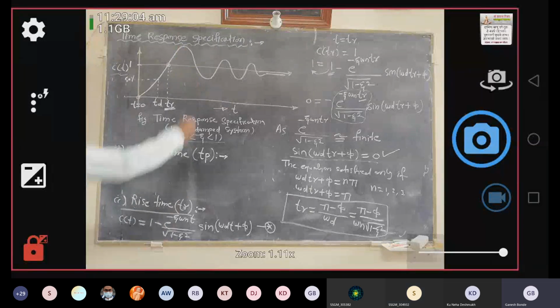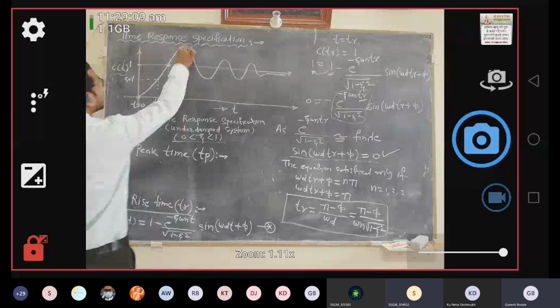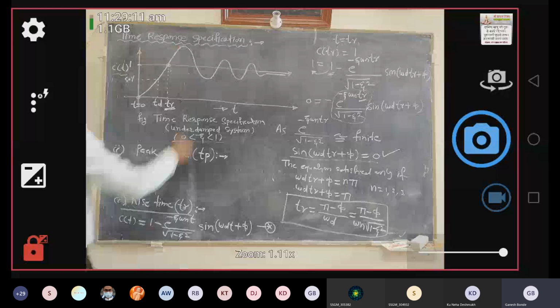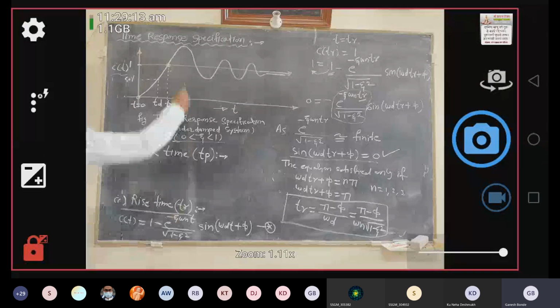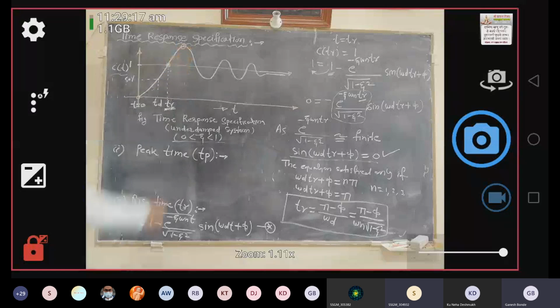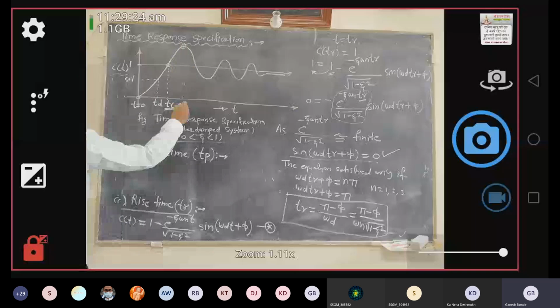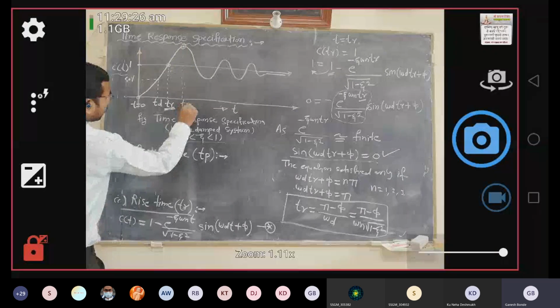The point corresponding to the maximum value of your C of t is this. So this is the first peak in your time response. Therefore the time corresponding to the first peak of your time response is denoted by TP.